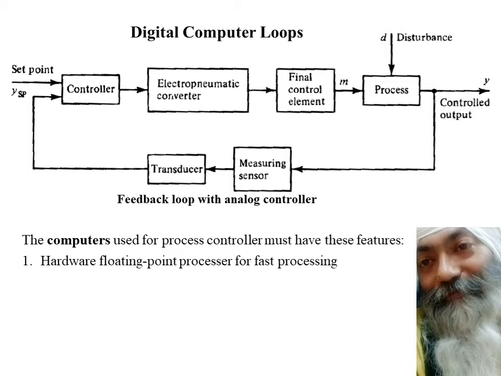So if we are sampling, let us say, at the rate of 1 kilo samples, that is 1000 samples per second in some crucial cases, it means that we have only 1 millisecond. The entire thing, from taking the input, from processing, from giving the output, must finish in less than 1 millisecond.